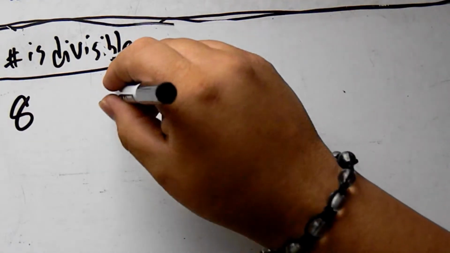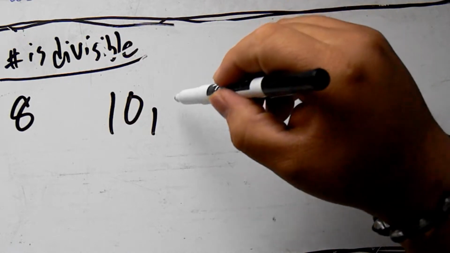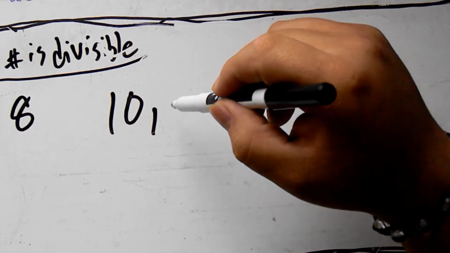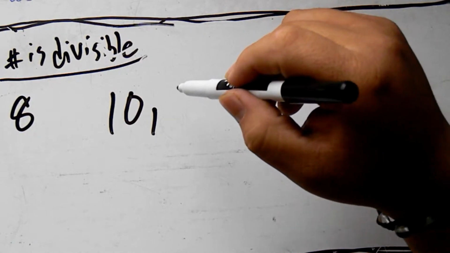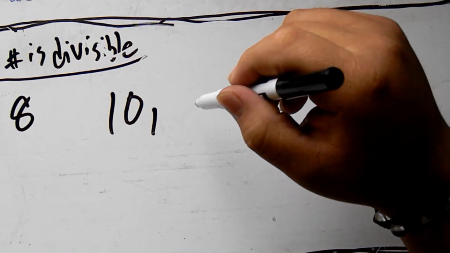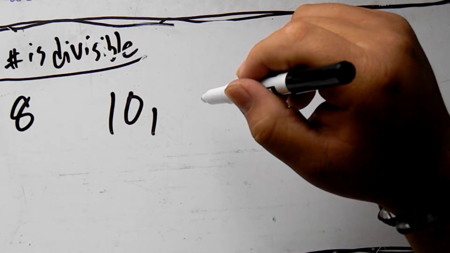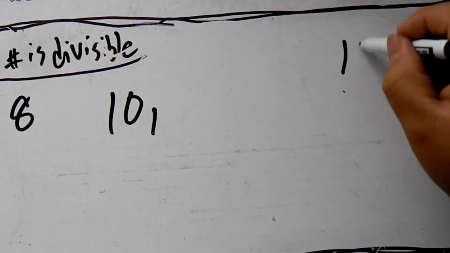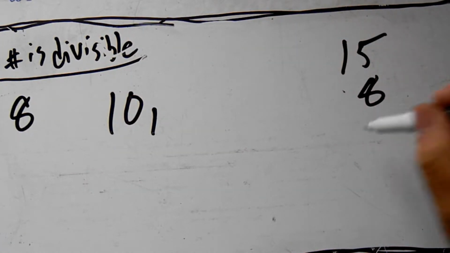So let's just say 10,000. What's a good number for 8? 8 times 9 is 72. 8 times 10 is 80. I'm just trying to figure out what number is divisible by 8.